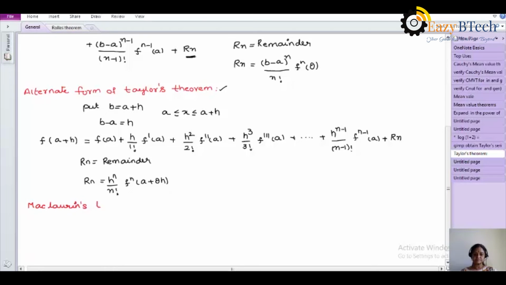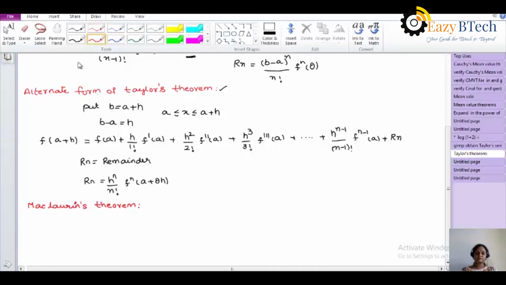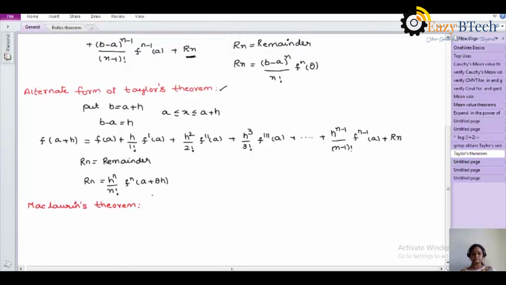This Mclaren's theorem is also known as a special case of Taylor's theorem. We are coming to the statement of Mclaren's theorem.